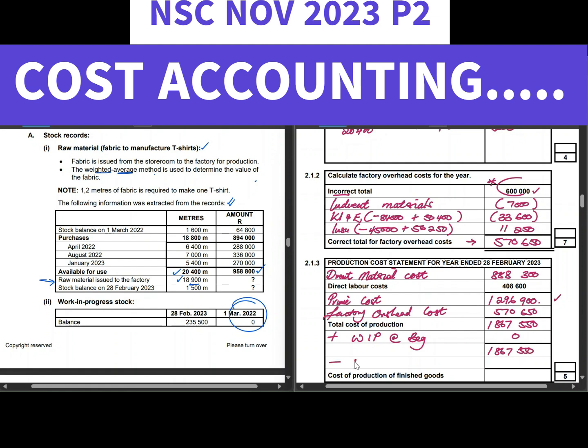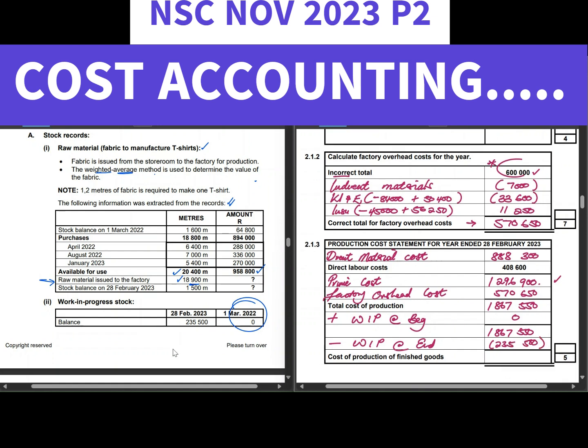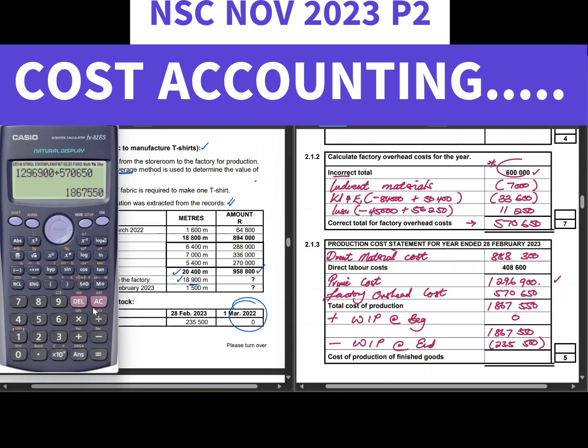Then I subtract my work in process at the end, which is my 235,500. I have that at the end. So I'll come again to my calculator, and I'm now saying 1,867,550 minus 235,500. That gives me 1,632,050.